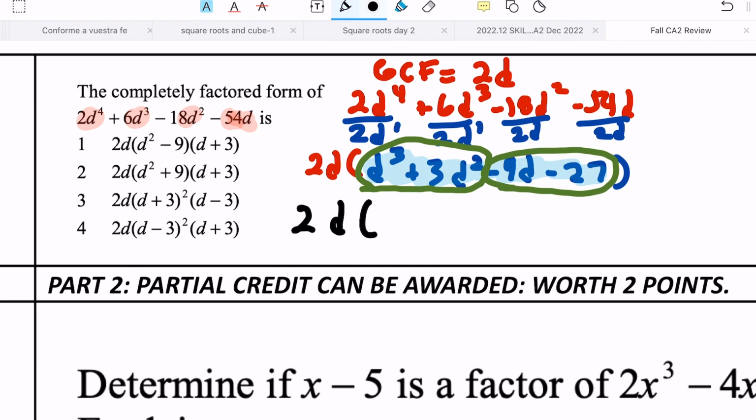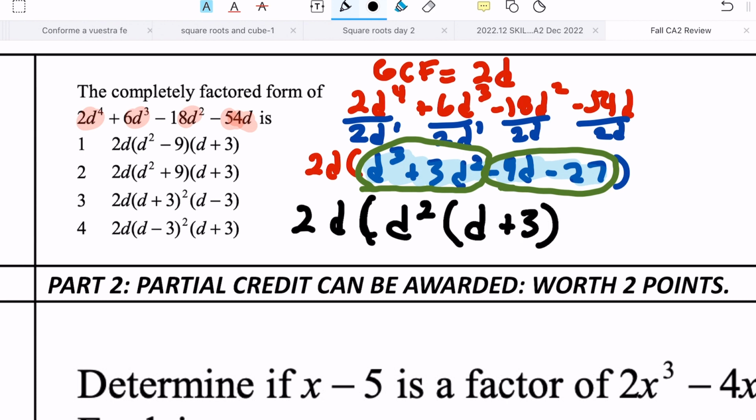Now there's a GCF of d cubed and 3d squared. I see both of them have a d squared. So we're going to have a d squared GCF. Okay. And then what's left is d plus 3.